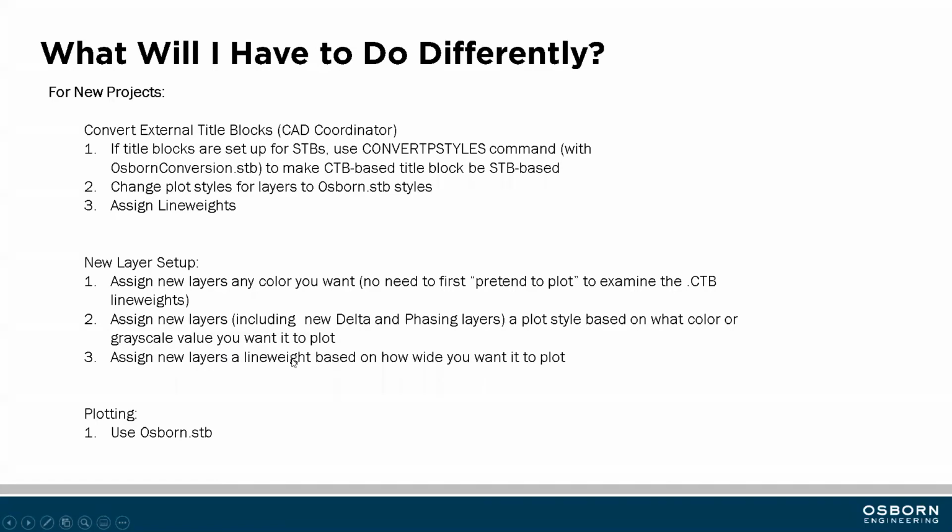And when I say give new layers a plot style based on what color or gray value you want it to plot, that includes the layers that are created when you click the Delta button from the Osborne tools, or if you click one of the phasing buttons and it actually creates a new layer, you'll need to assign plot styles for those as well.